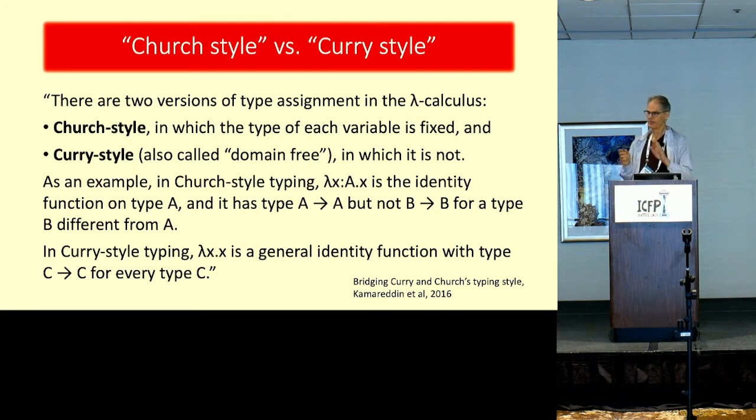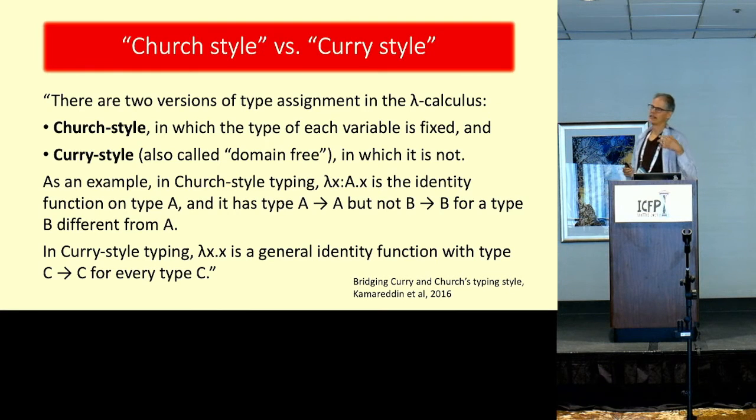So this is the commonly understood distinction between Church and Curry style type systems. But I would say it isn't actually very interesting if you say it that way, because it amounts to thinking of the Church versus Curry distinction as really a matter of type inference.